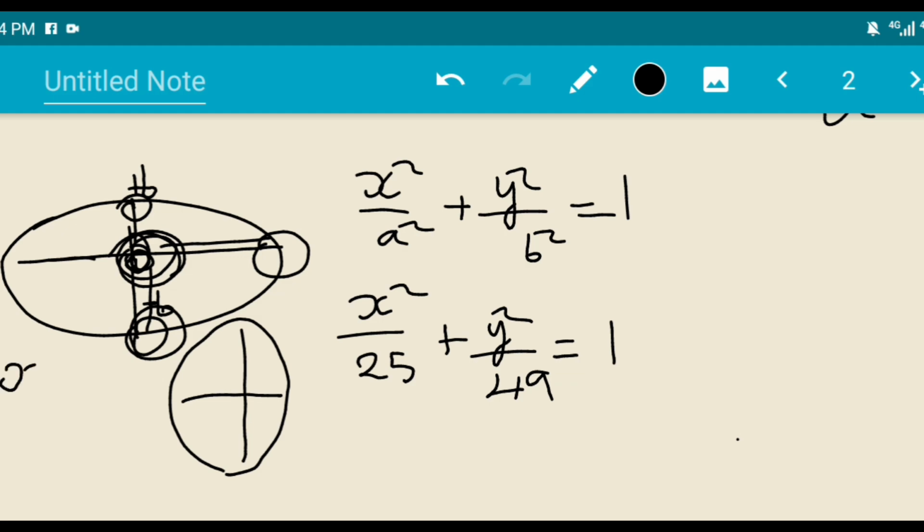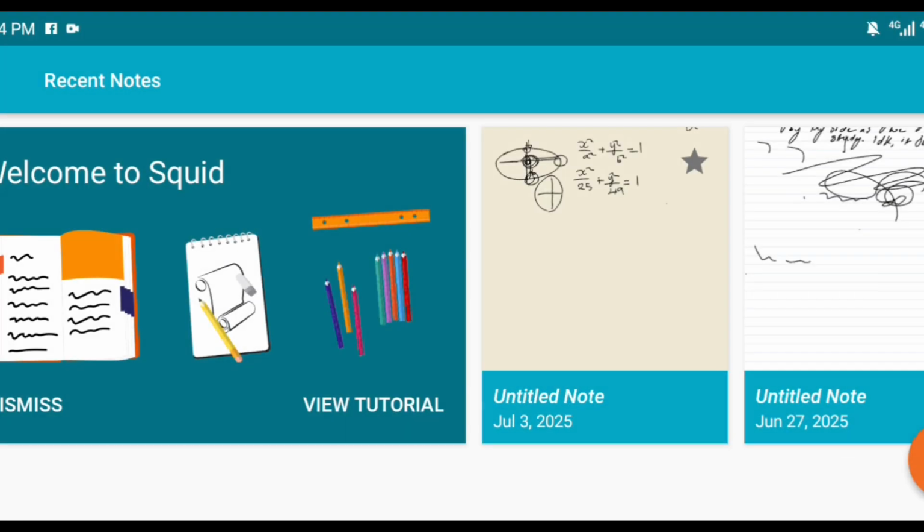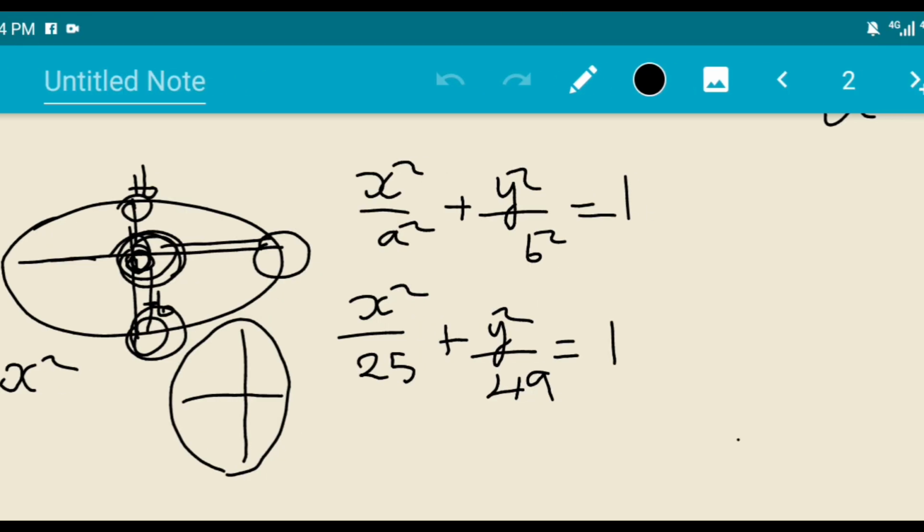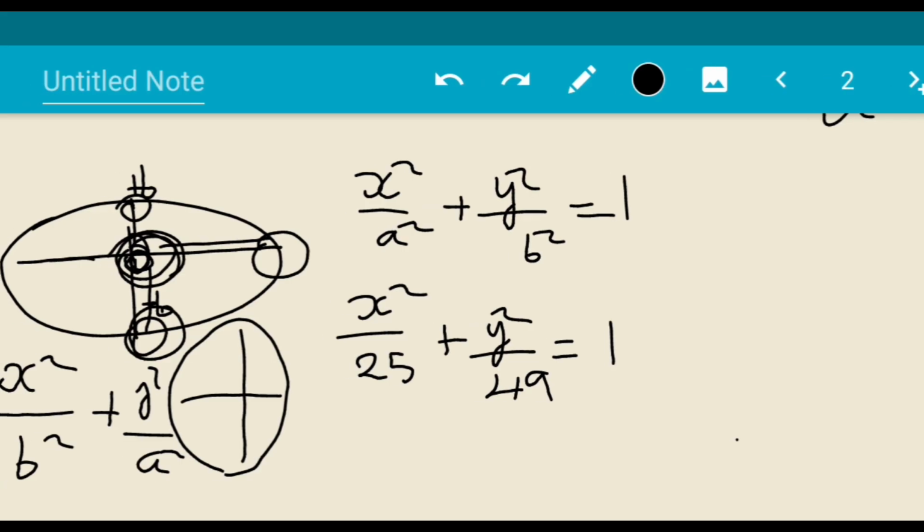It will be x squared over b squared plus y squared over a squared. Why is this the case? Because y is now the major axis. The major axis is now on the y axis, and that is why we're taking this as our a.